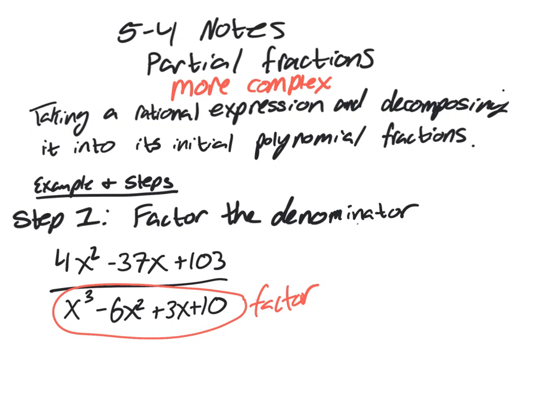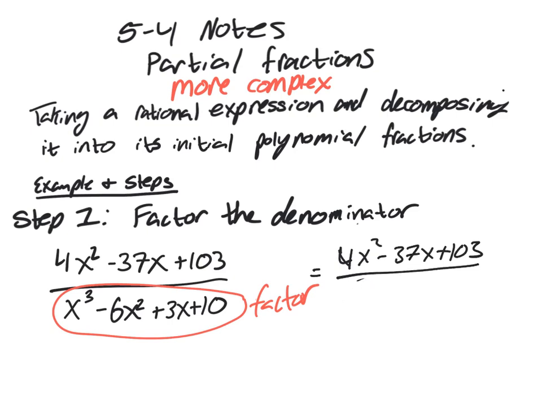So now we can go over here and we can say, yes, I factored this. So once I factor that, I end up with 4x squared minus 37x plus 103 over, well, we factored this.